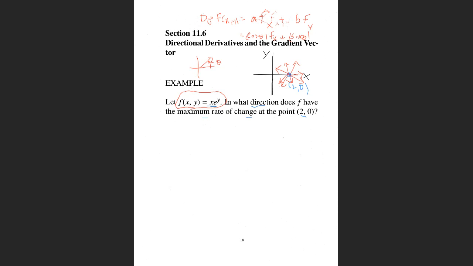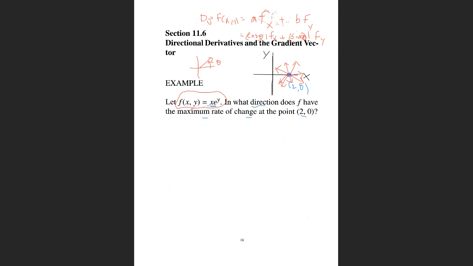In other words, if you're just told that the vector points 135 degrees from the positive x-axis, you can find the components A and B of the unit vector. That would be pointing in the second quadrant, by computing the cosine and the sine of the angle. And that's naturally going to give you a unit vector. Just wanted to mention that.